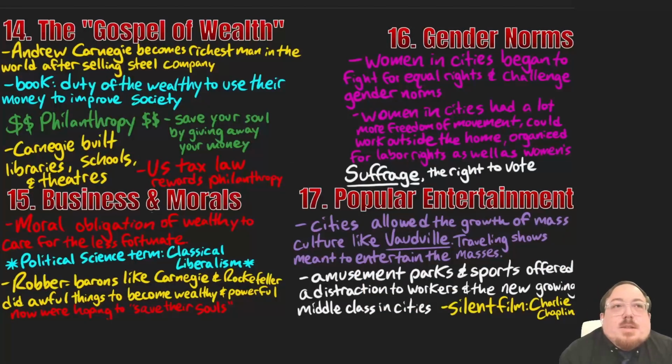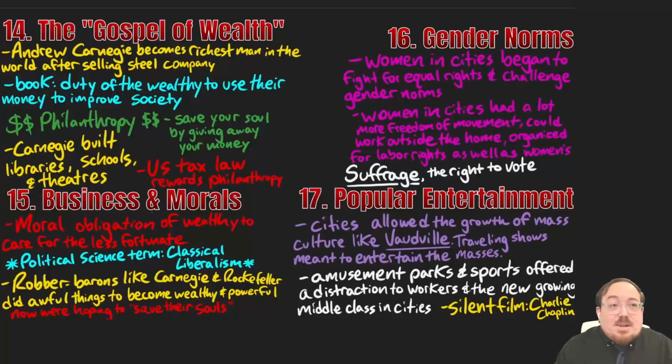Finishing up with the South, we're going to go back to industrial America, going back to the North, and our old friend Andrew Carnegie, who, whenever he sells his steel company to JP Morgan, becomes the richest man in the world.